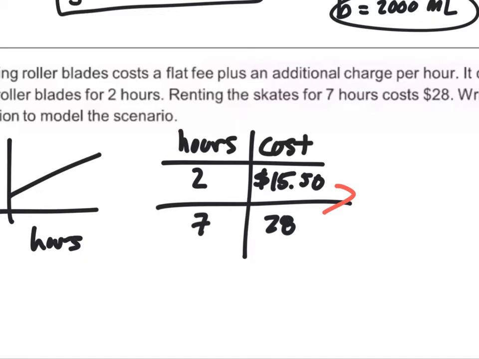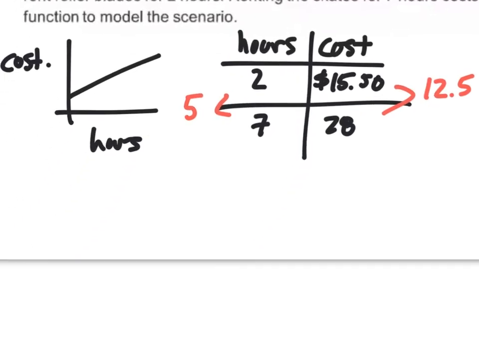To go from $15.50 to $28, let's do 28 minus 15.50, and this gives me a value of 12.5. And then the hours increased by 5. So my slope, m, is equal to 12.5 over 5.